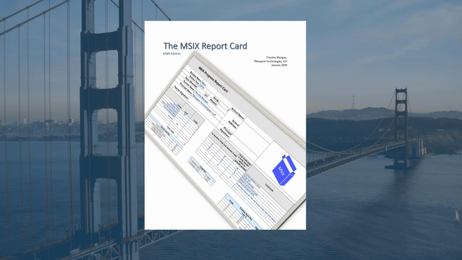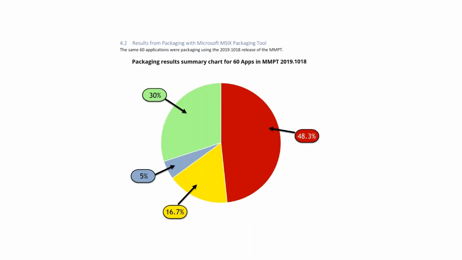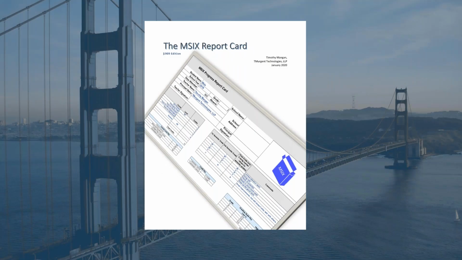Let me throw in this slide. The packaging community has a couple of fine MSIX experts. Bob is one of them. Tim Megan is one of them too. He's the one who is contributing on the Detours open source technology, the Package Support Framework.